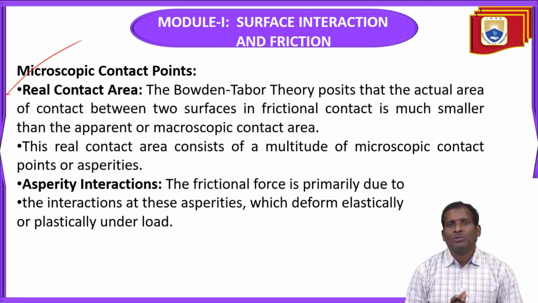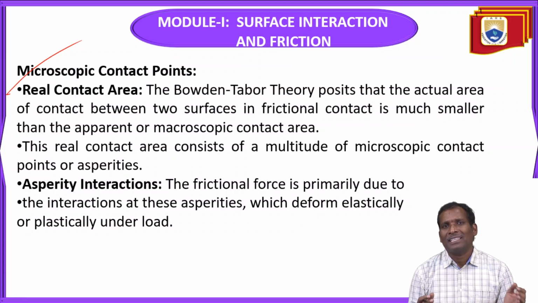Whenever two surfaces are in contact, the actual area of contact between them is much smaller than the apparent or macroscopic contact area.